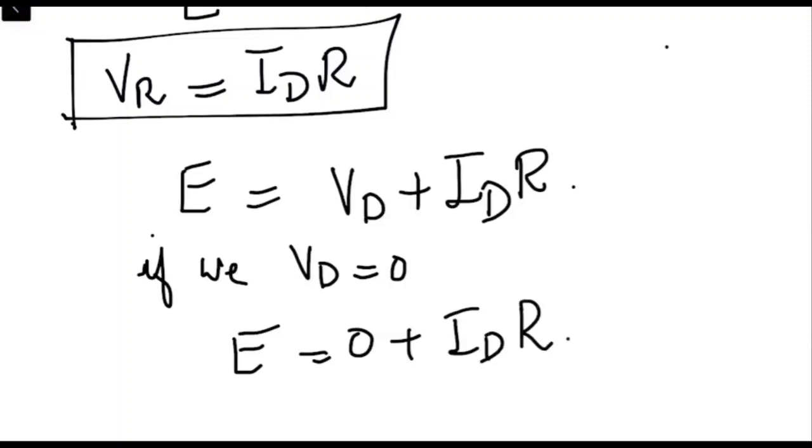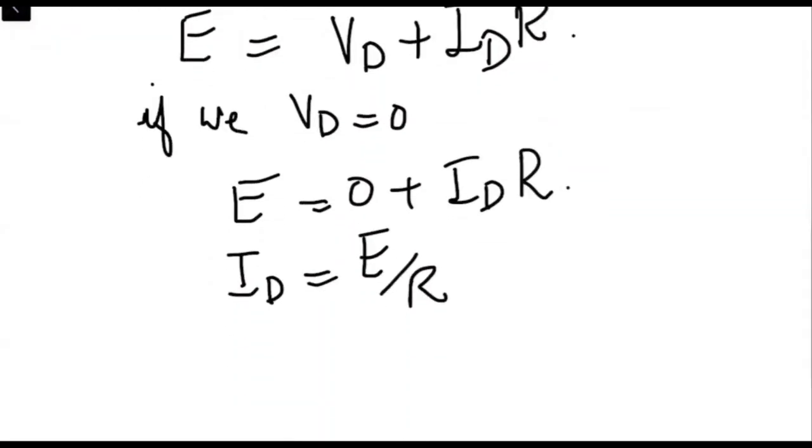This means we can say ID is equal to E divided by R, provided that VD is equal to 0. Are you with me?